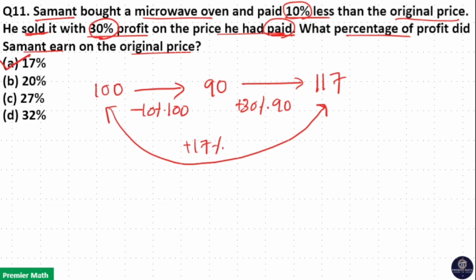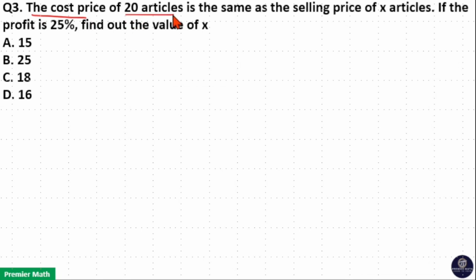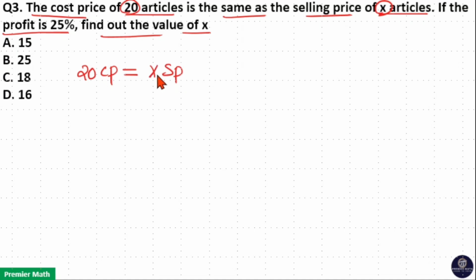Profit is 17%. The cost price of 20 articles is same as the selling price of X articles. If the profit is 25%, find out the value of X. Here, cost price of 20 articles, that is 20 CP, is the same as the selling price of X articles, so X into SP.